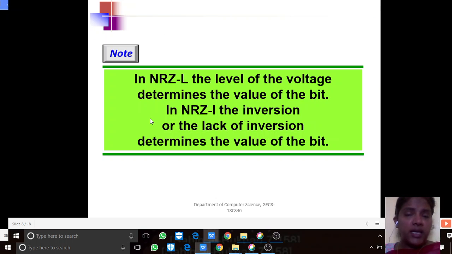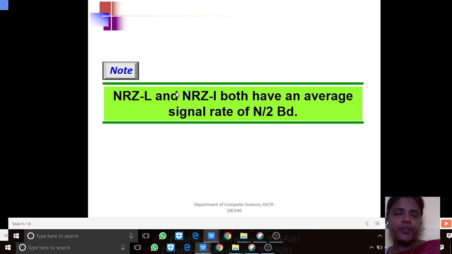In NRZ-L, the level of the voltage determines the value of the bit. In NRZ-I, the inversion or the lack of inversion determines the value of the bit. NRZ-L and NRZ-I both have an average signal rate of N by 2 baud. Bd represents a baud.